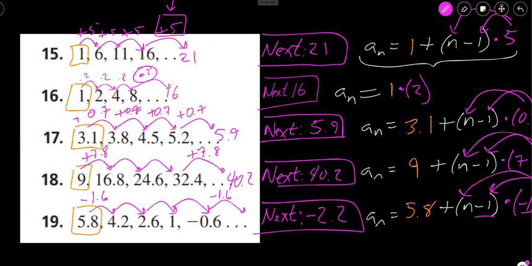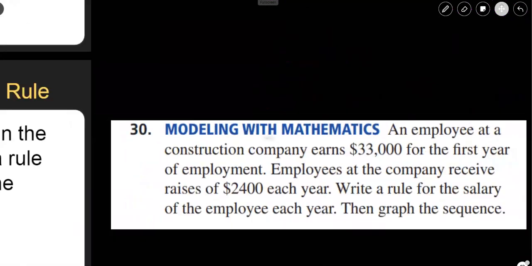The number of times I'm multiplying represents the number of steps or position movements from the first position to the nth position. So it'll be 2 to the n minus 1 power. And that ends up being my rule for a geometric sequence. That's simplified enough. We don't need to do anything beyond that. All right, let's continue along.